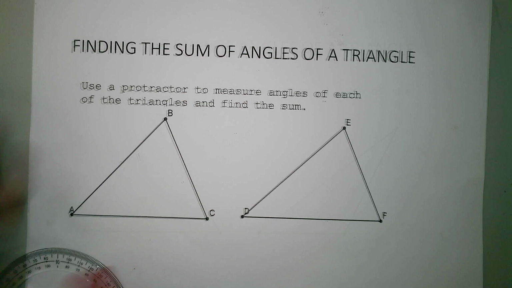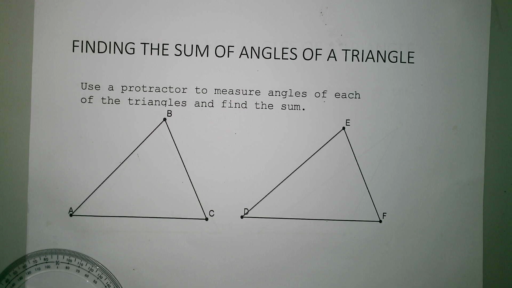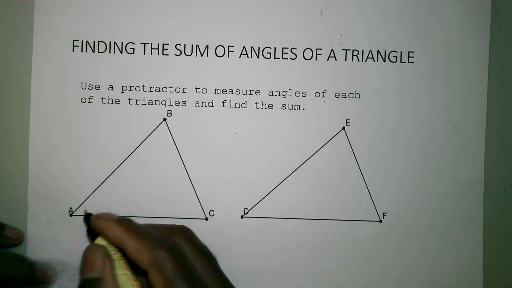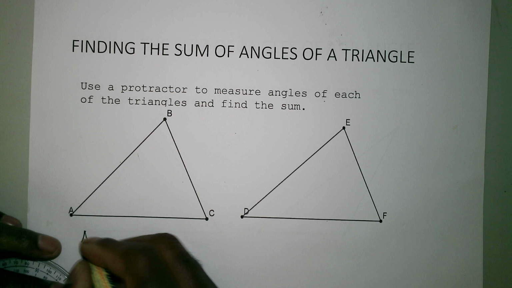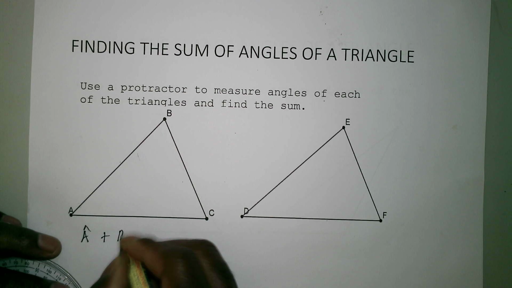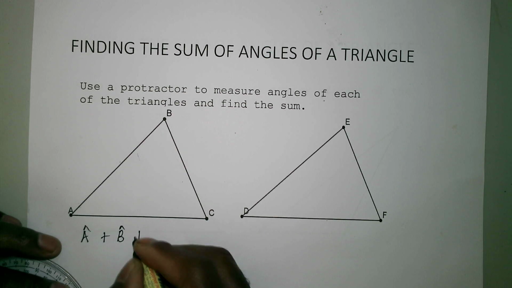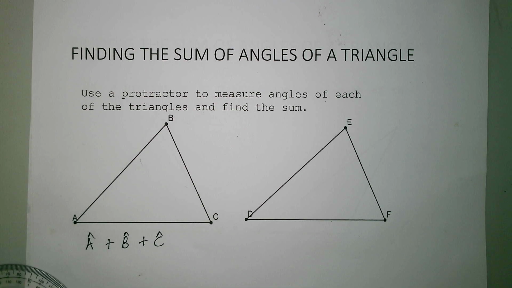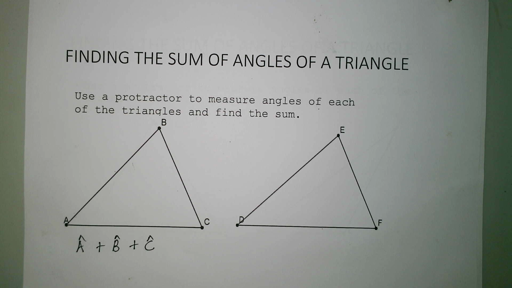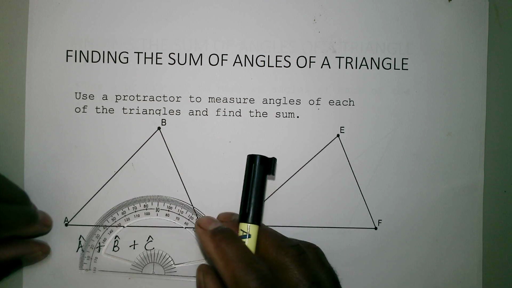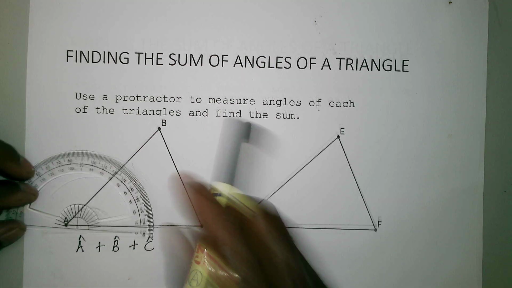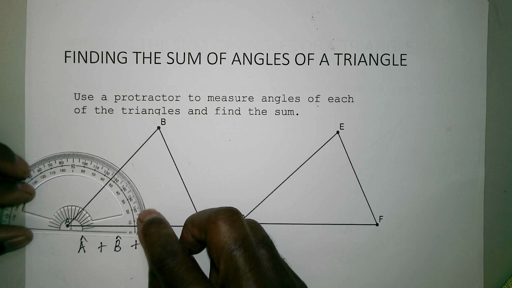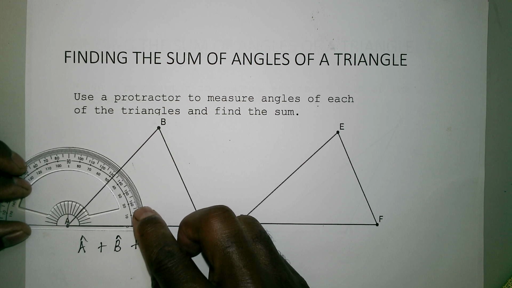So what we are going to do is to write down the angles. Write angle A, which is this one, angle B, and the sum. We do not know their measurements. So we're going to measure the first one using this protractor, and we'll try to be as accurate as possible.